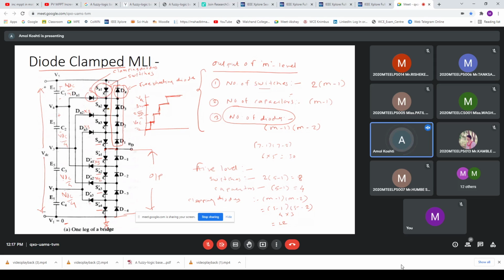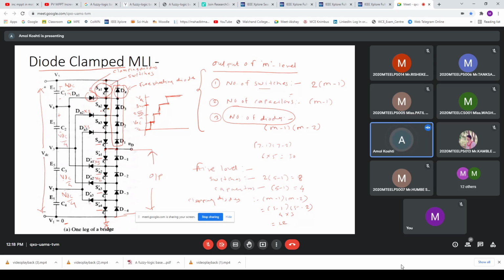Whatever voltage is across it, this one diode can sustain. But as we go to the second intermediate point, the voltage across these switches is more.